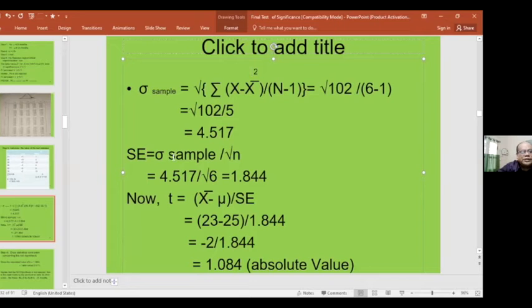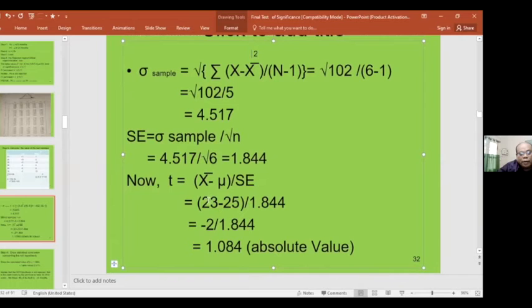So once you have the standard deviation, then you can calculate the standard error. The standard error is the sample standard deviation divided by root over n. Once you know the standard error, you put it here. So this is the mean of the sample, 23, and the mean which was claimed by the producer. You can see your normal distribution is like this: if left is negative, right is positive.